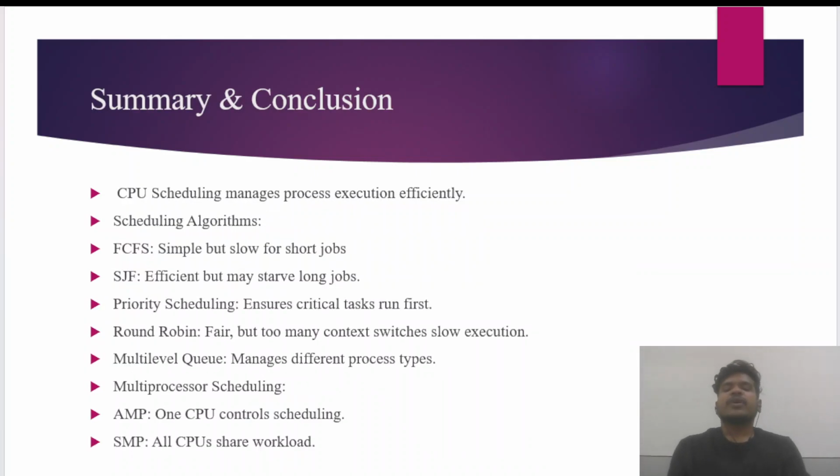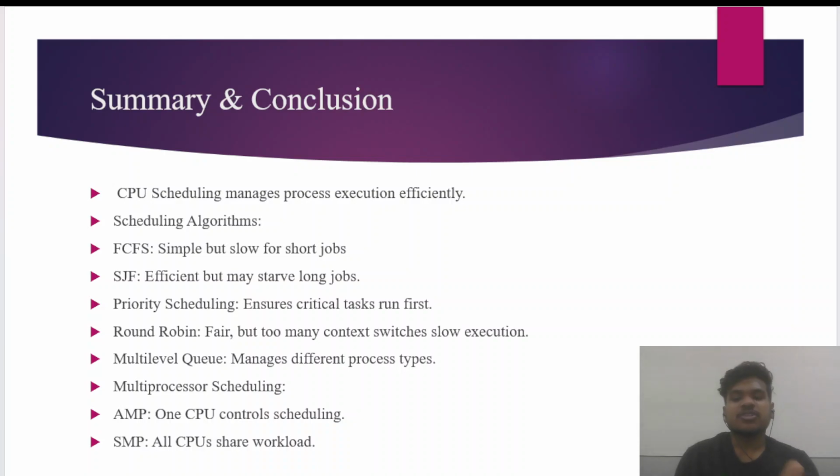So coming up, let us revise what we have learned so far. Firstly, we learned about CPU scheduling, that it is essential to manage the processes very efficiently. Then we learned about different scheduling algorithms like FCFS, first come, first served: simple but slow for short jobs.